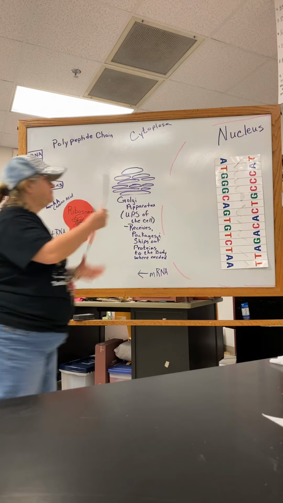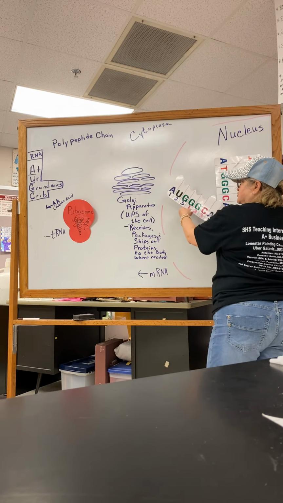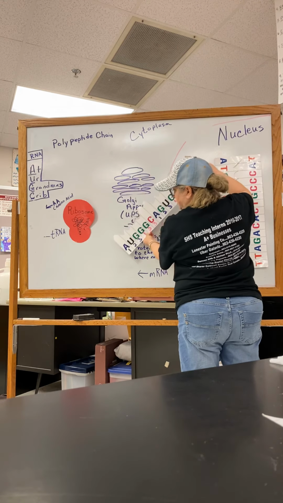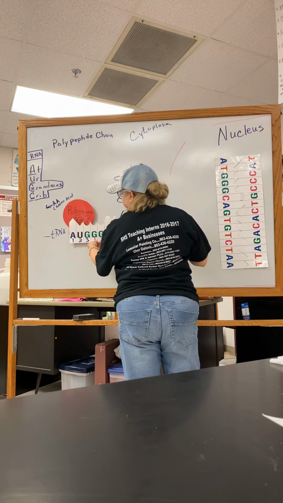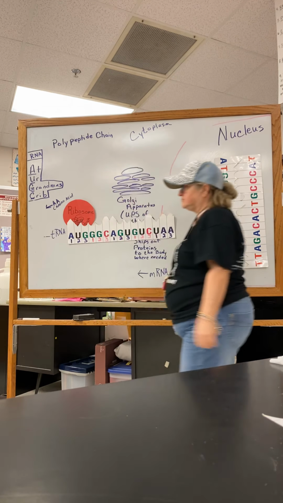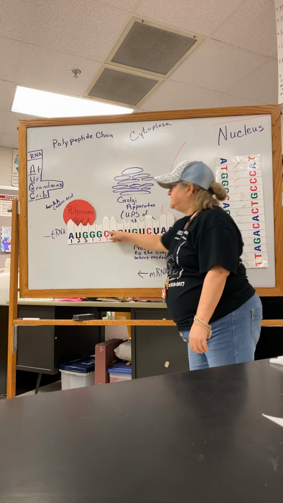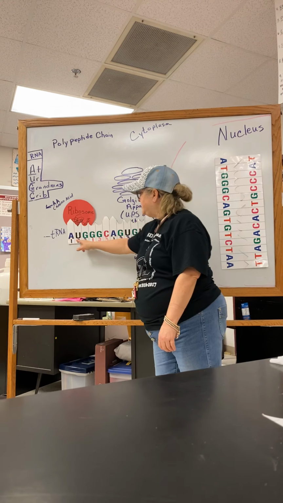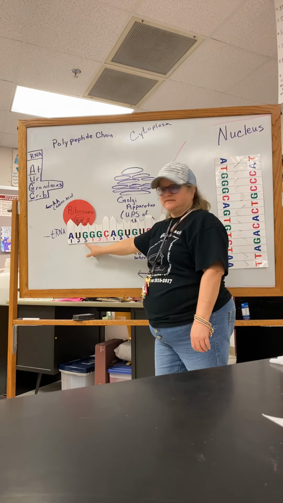All right, so we're going back to here. So this has the text message with the instructions on how to build the protein. It comes out into the cytoplasm, finds a ribosome, and it lands on the ribosome. Then 3 bases at a time. Remember that 3 bases are a codon, 3 consecutive bases.